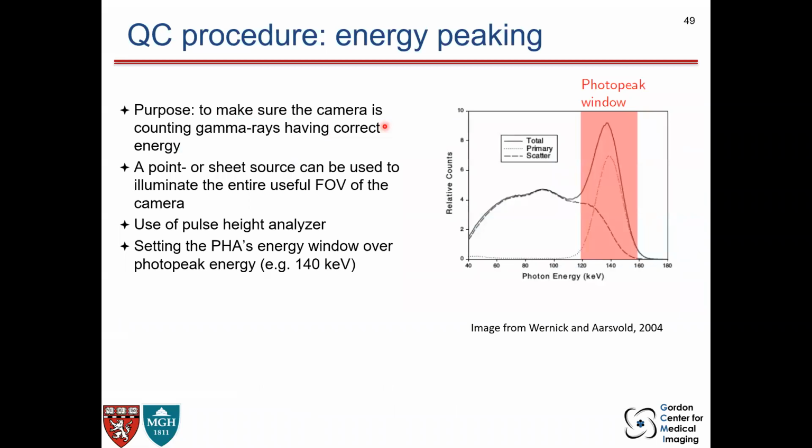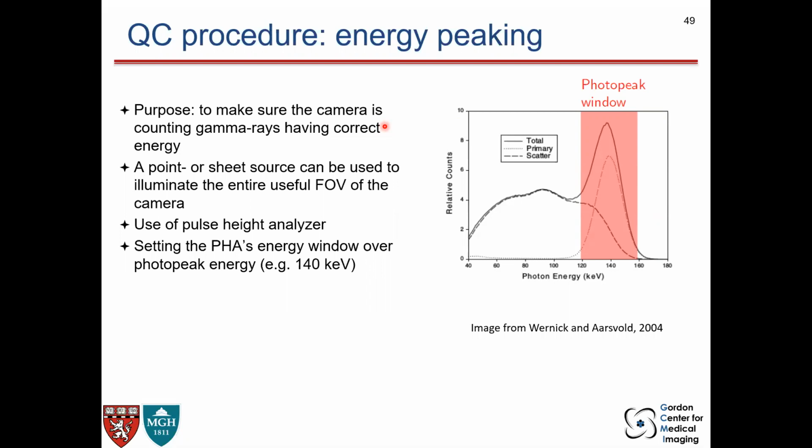So for energy peaking, the purpose is to make sure the camera is counting the correct gamma rays and gamma ray energies. Because remember, you have a patient. Depending on the patient size, you will have a lot of scatter.